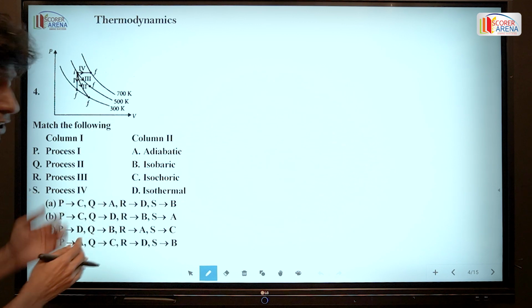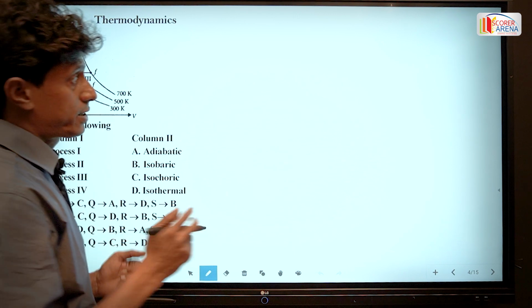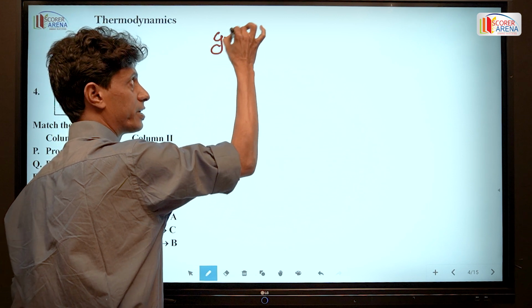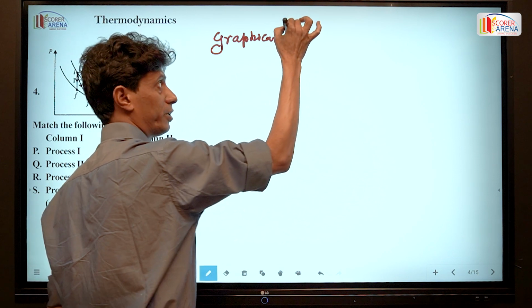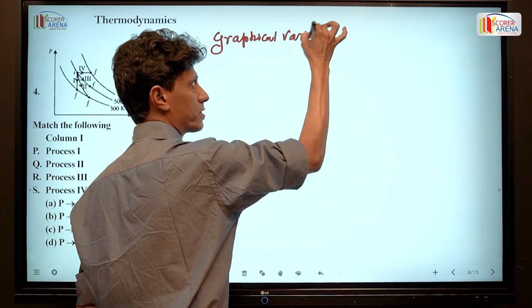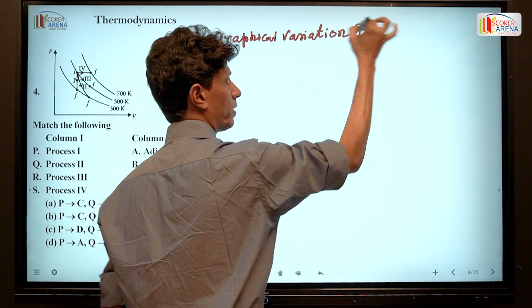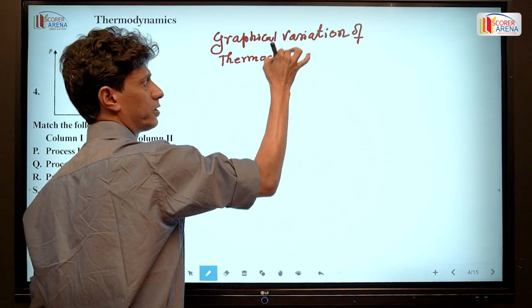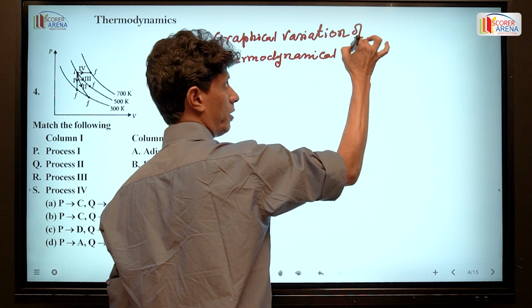So before solving this problem, I must discuss the graphical variation of thermodynamic variables, the graphical variation of thermodynamical processes.